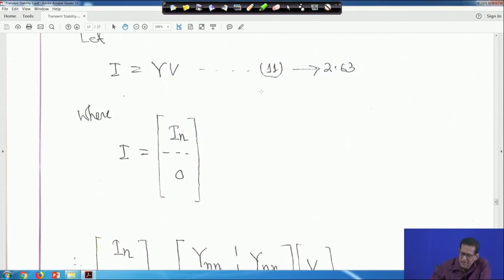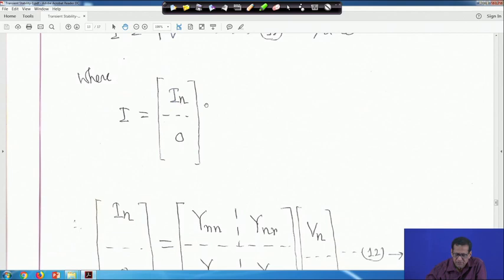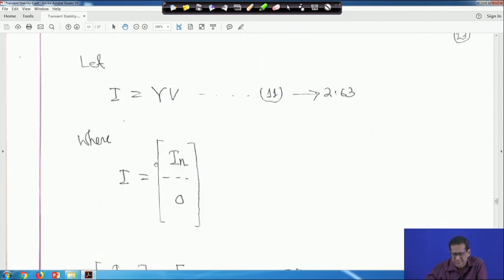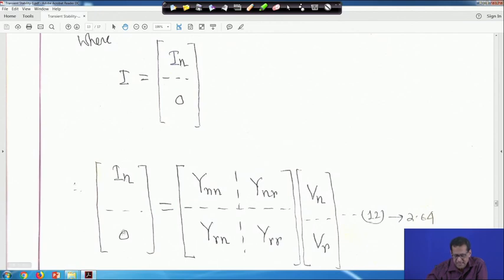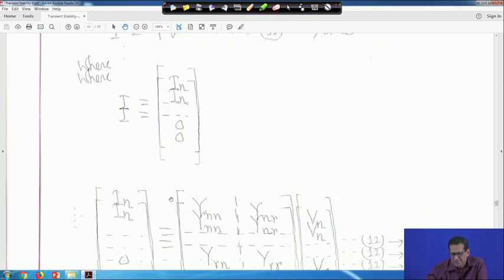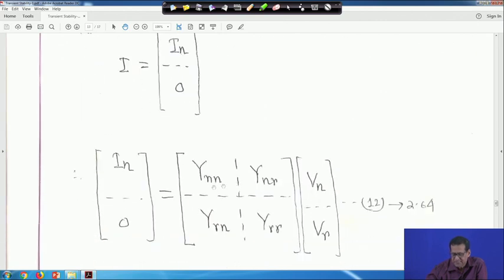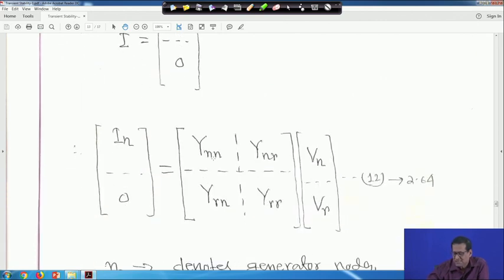Therefore, this Y matrix, right. We know I is equal to YV and I is equal to In and 0. Then the left-hand side I can be replaced by In and 0, and this Y matrix can be partitioned like this: Ynn, Ynr, then Yrn, Yrr. Vn is for the n generators, so V1, V2, up to Vn, and the rest are all the load buses, up to Vr. In figure 1 we took 1 up to r buses as the load buses.